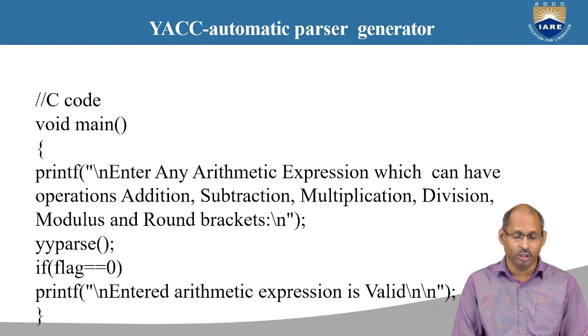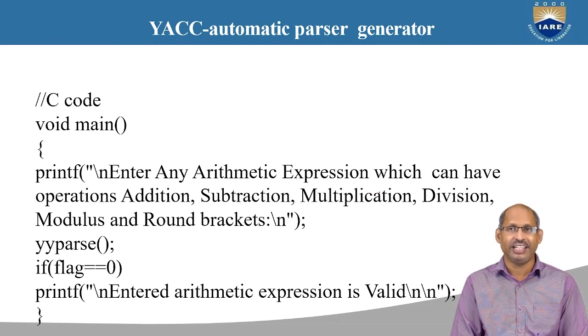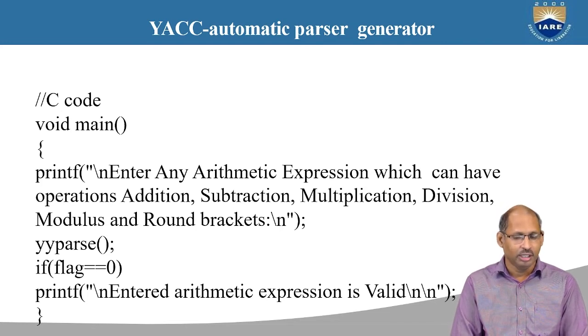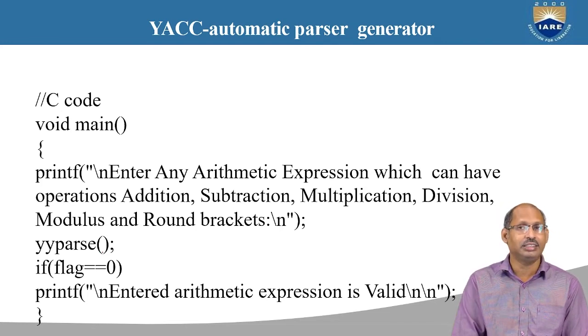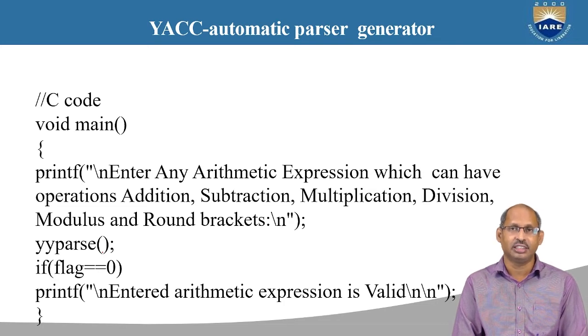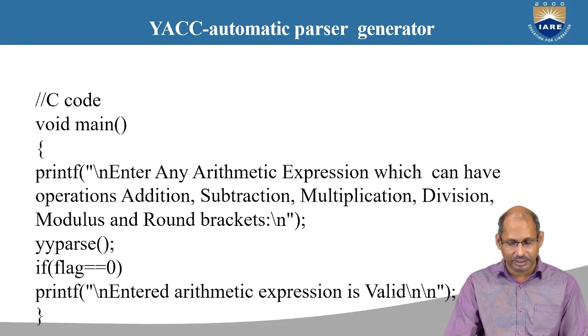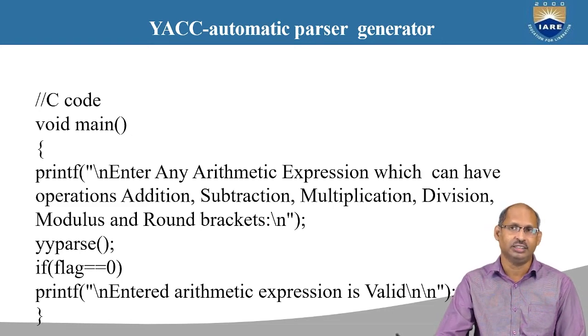It may consist of C code, void main, printf, enter any arithmetic expression which can have operations addition, subtraction, multiplication, division, modulus and round brackets. Here, yyparse is a function which generates the respective parsing method. If flag is equal to 0, the entered arithmetic expression is valid. Otherwise, it simply gives invalid.